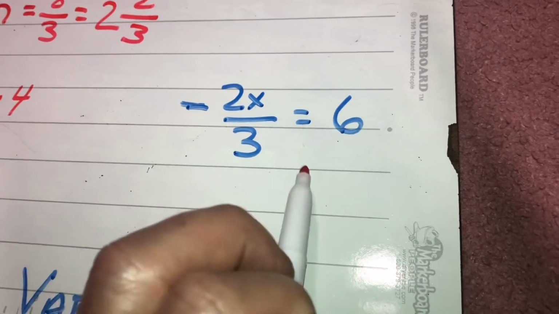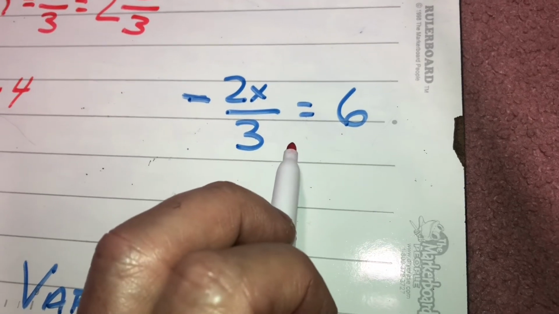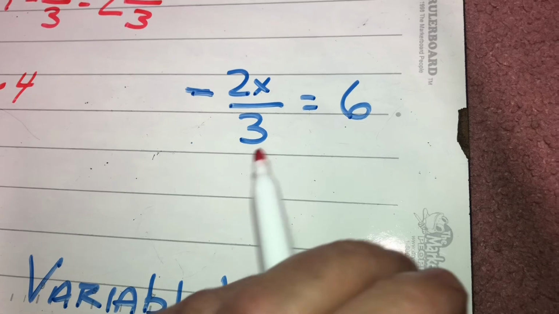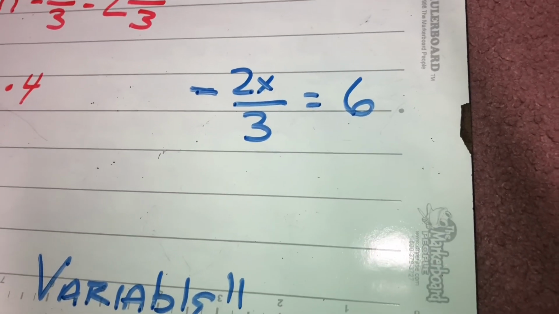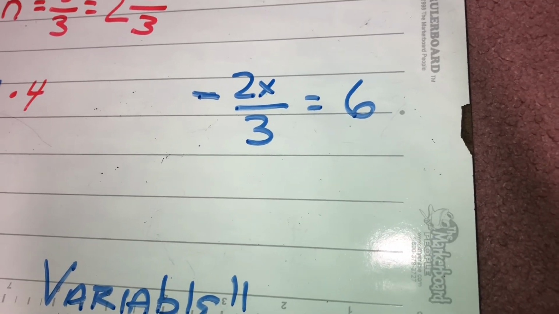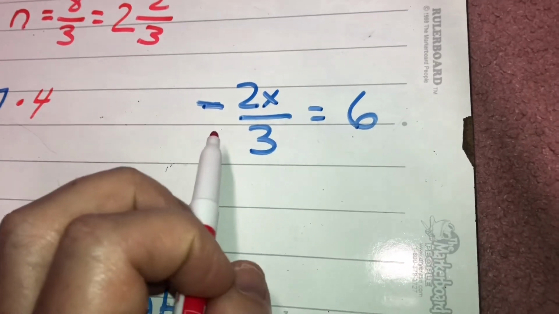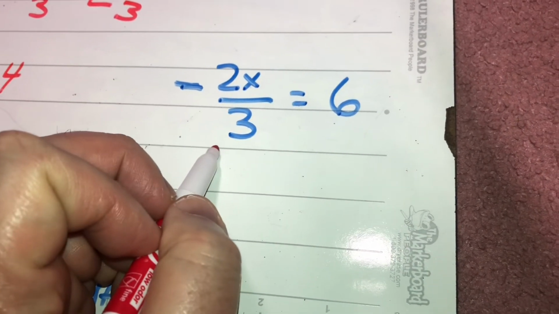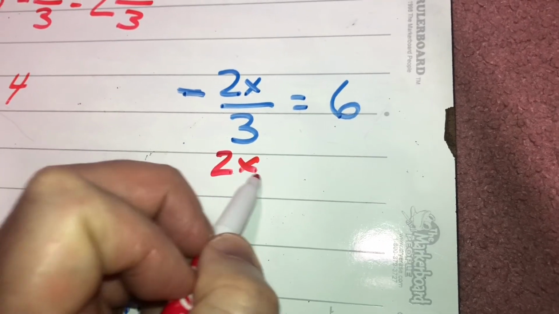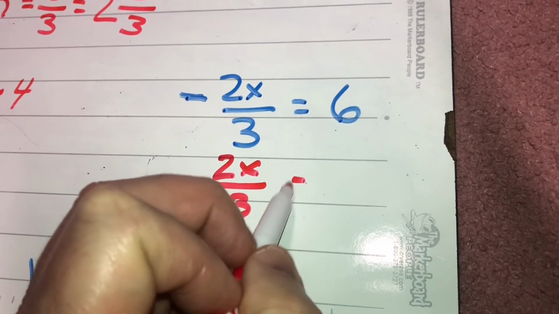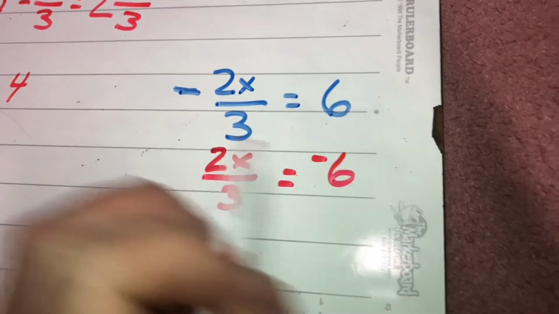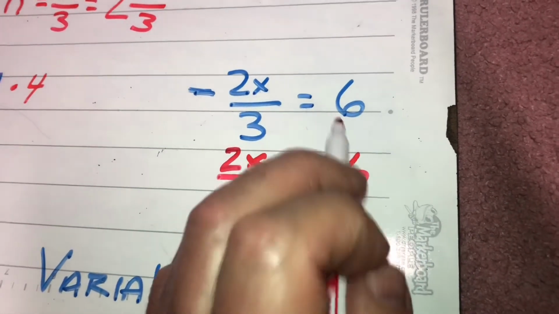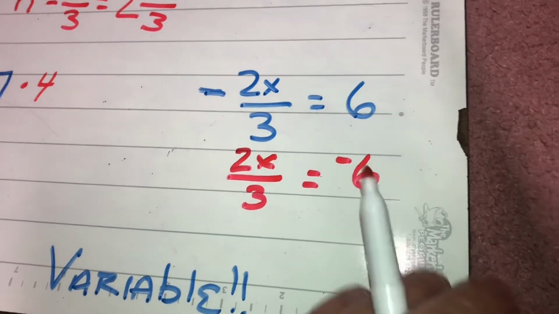Mathematically, what I'm doing when I do that is I'm multiplying everything by -1, because multiplying things by 1 does not change the actual number, and multiplying it by a negative simply changes the sign. So I'm going to rewrite this as 2x over 3 equals -6. I'm getting rid of the negative, and this side then is becoming negative, because 6 times -1 is -6.